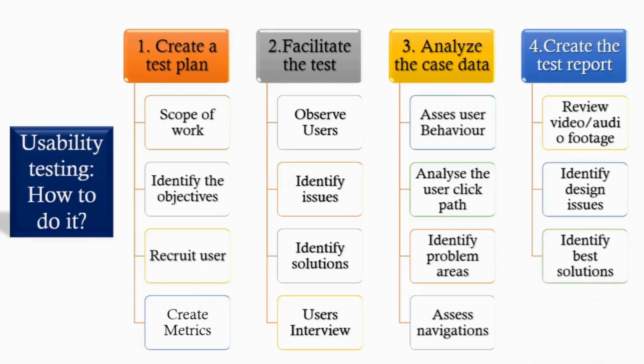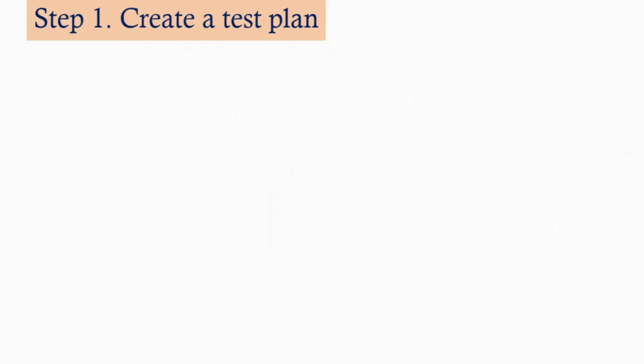In test report writing, you are going to review the video and audio footage, write about the design issues, propose the best solutions, and give your recommendations. So these are the four steps of usability testing. Now let's try to understand these steps one by one.